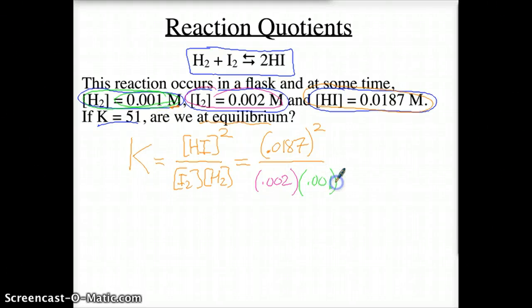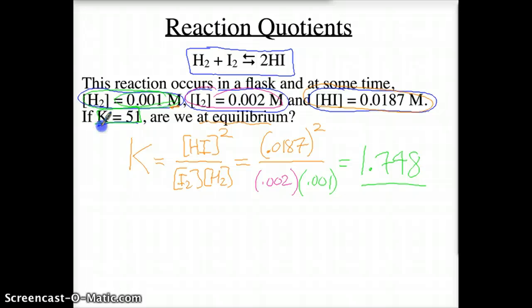So that would be my setup. If I go ahead and do all the math and multiply everything out, I get a value of 1.748.